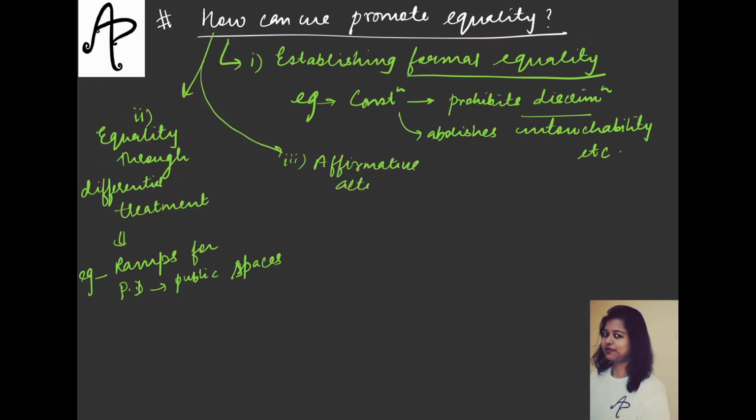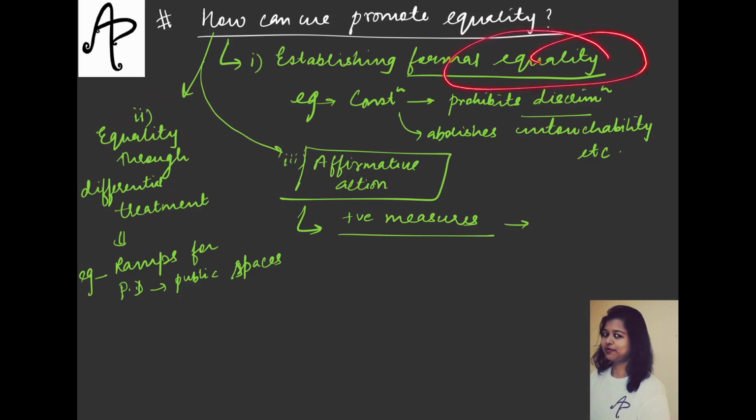You should be familiar with this word because it will come in fundamental rights also. Okay, what is affirmative action? Basically, affirmative means positive, so you are taking positive measures to deal with the inequality. How do you do that? This is based on the idea that it is not always possible and sufficient to establish formal equality by law only.